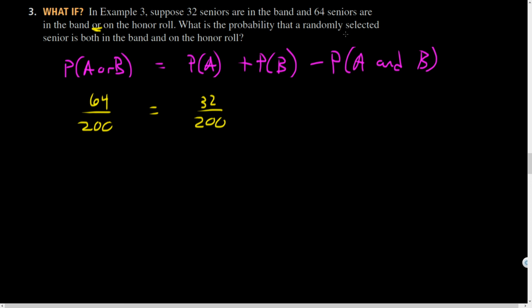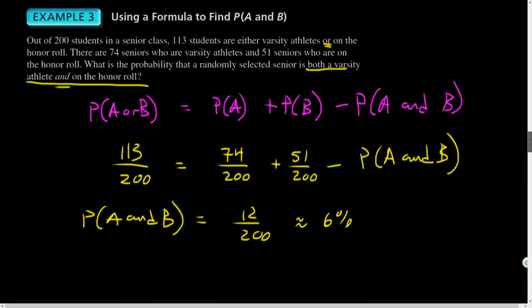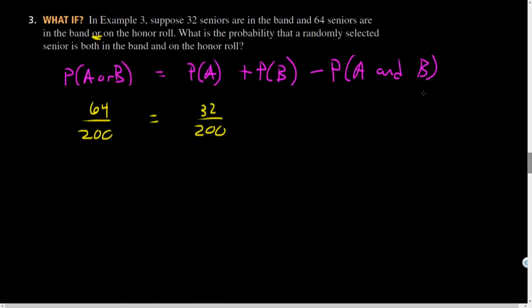What is the probability that a randomly selected student is both in band and on the honor roll? Oh, wait a minute. I still had this fact up here, didn't I? Okay. I was like, I'm missing 2 pieces of information. What's the honor roll probability? 51 are on the honor roll.